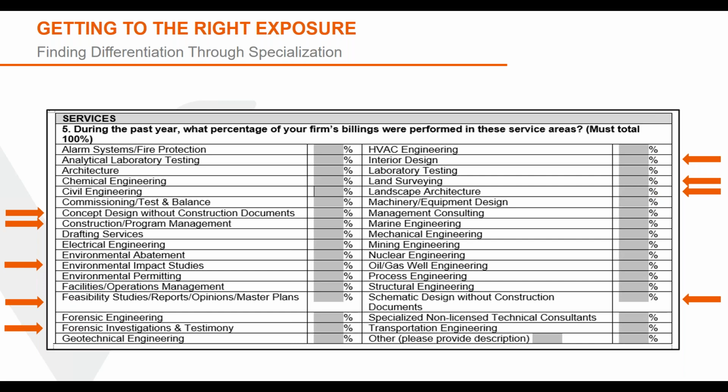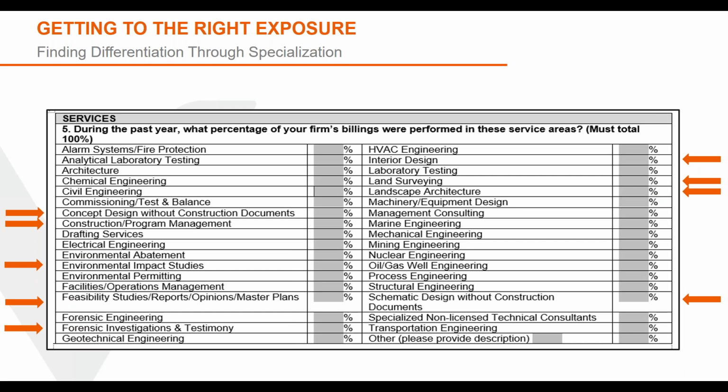And from a premium perspective and an underwriting perspective, this serves as a tool to see what our higher rated exposures are and what our lower rated exposures are. So the orange arrows are examples of some services that civil engineering firms or architectural engineering firms might provide that are discounted.